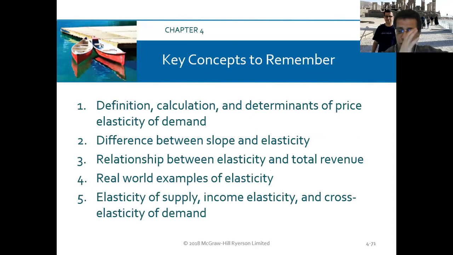Same thing with supply, that's the slope and elasticity. The relationship between elasticity and total revenue, because we said total revenue comes from the number of goods sold multiplied by the price, and we compared them. Real world examples, we brought up alcohol, cigarettes, normal goods like meat, and inferior goods like potatoes.